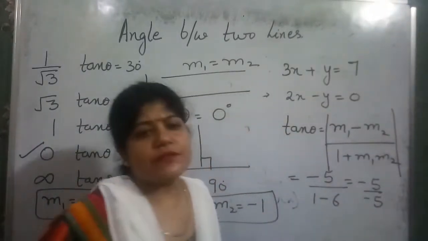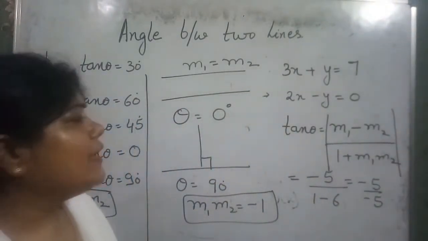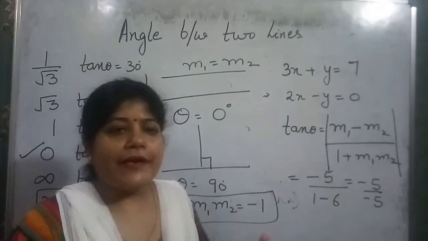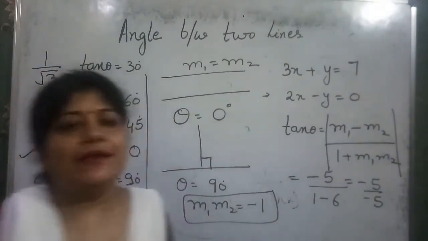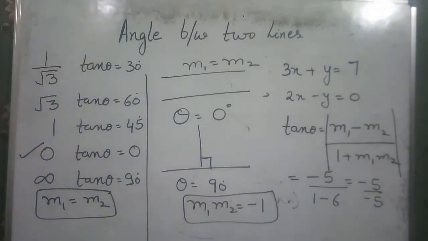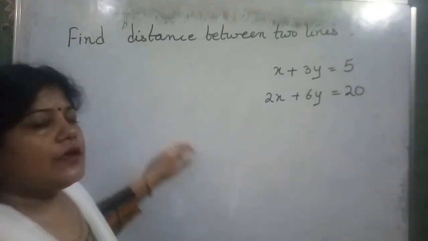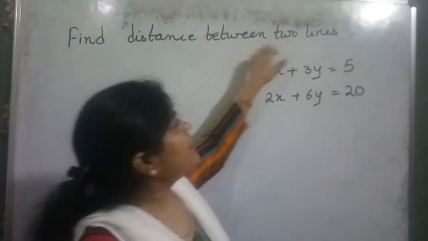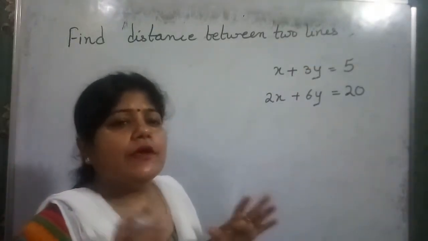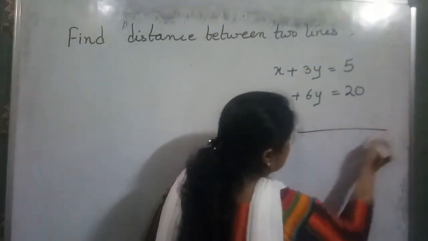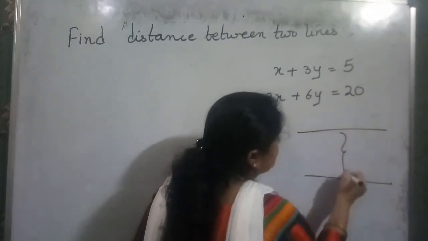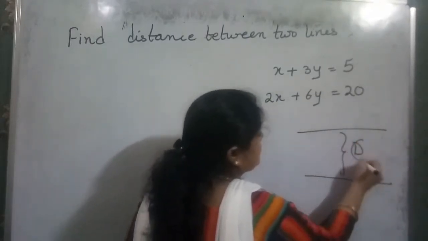Okay. Now I am going to explain how you will find the distance between two parallel lines. If the question says that there are two parallel lines and we have to find the distance between them.